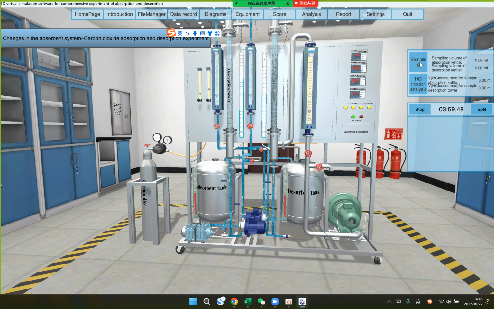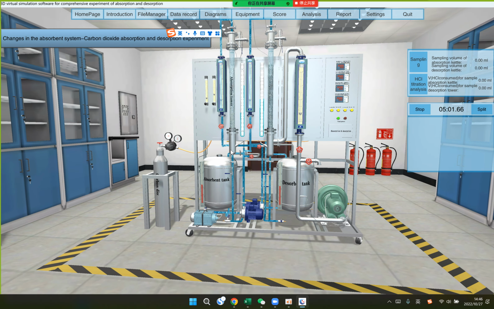So let me see. The bottom gas concentration, the carbon dioxide concentration, we can calculate by the flow rate, and the top liquid concentration is zero, right?